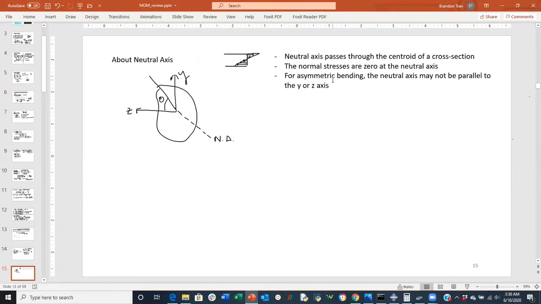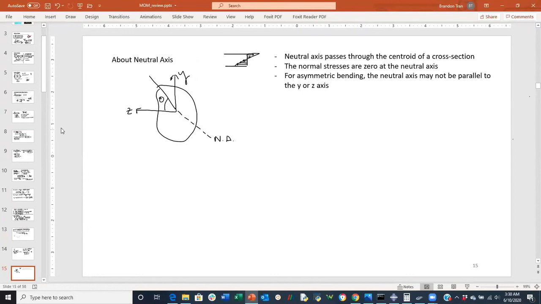What that last point essentially means is that if you have asymmetric bending, your neutral axis is going to rotate about the centroid. So you're going to get your neutral axis at an angle in your cross section rather than parallel with your y or z axis. So that's essentially all that says.